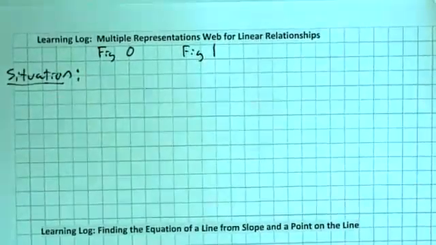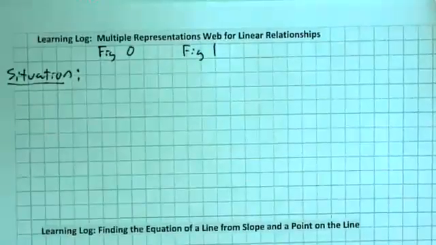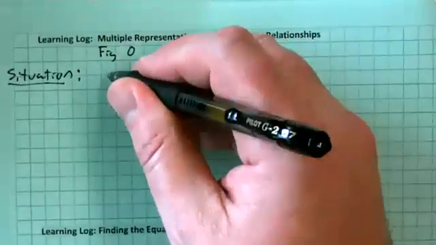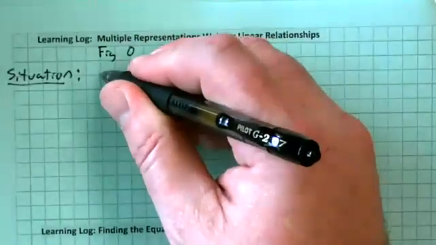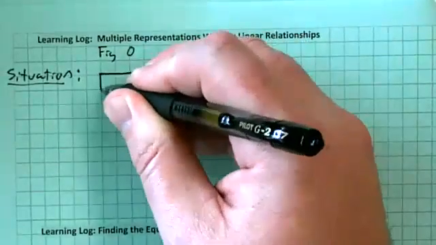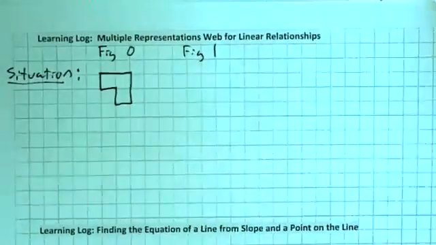How many tiles do you want to be in our starting figure? 3? Okay, so for figure 0, I'm going to make a pattern that has 3 tiles. Be creative, however you want to do it. I'm making this one. That's my figure 0.